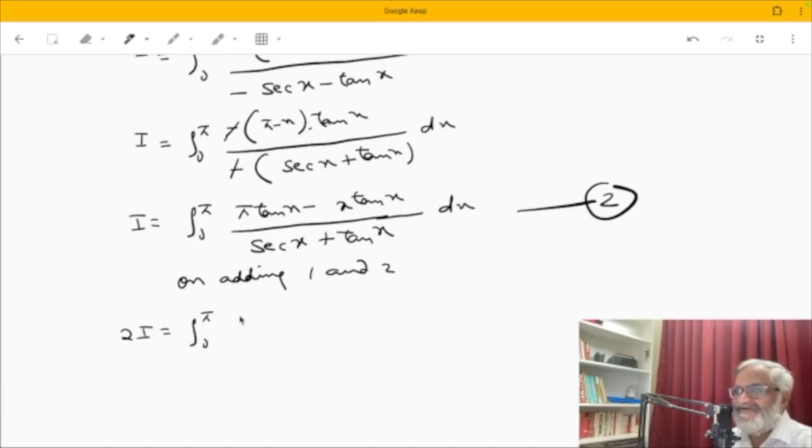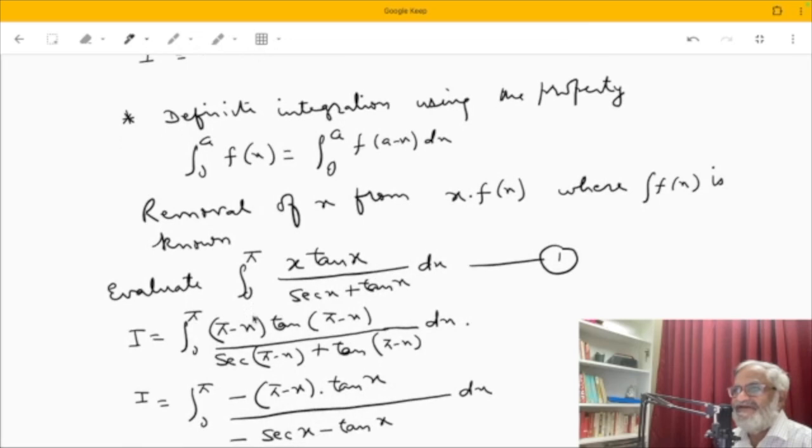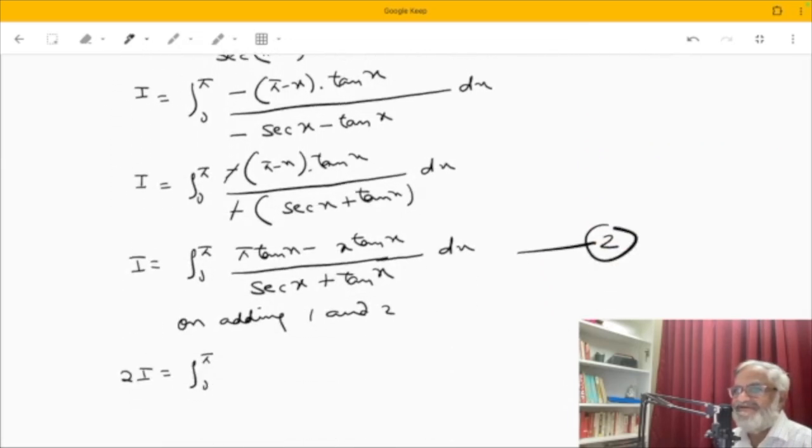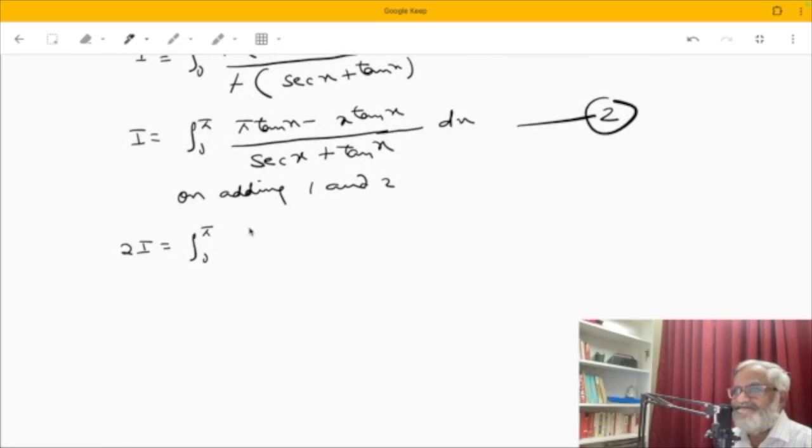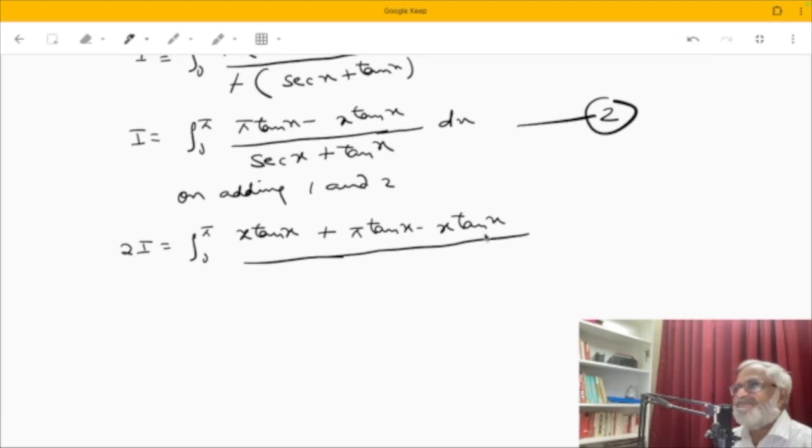On adding, in 1 x tan x, and from the second, plus pi tan x minus x tan x, whole upon sec x plus tan x, the denominator is the same.